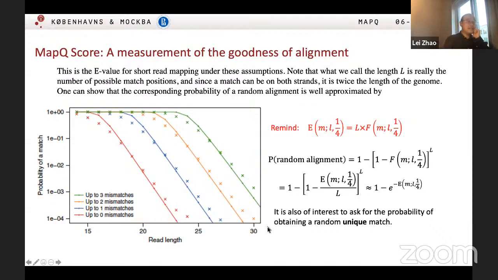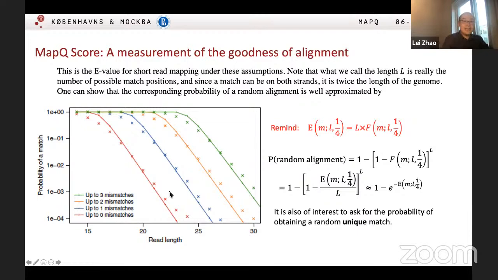As you can see, as the short reads become longer, the probability that they can map to the human genome becomes smaller and smaller. But because our ancient genome is maybe in this region, for some of the short reads we cannot distinguish whether it is a bacteria, a virus, or a human just by using this kind of method.